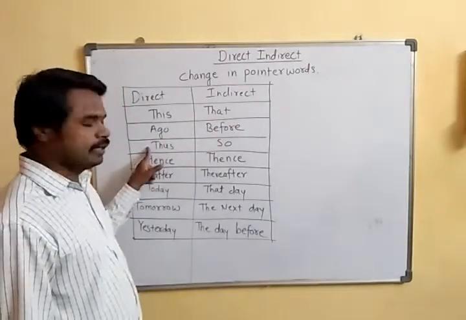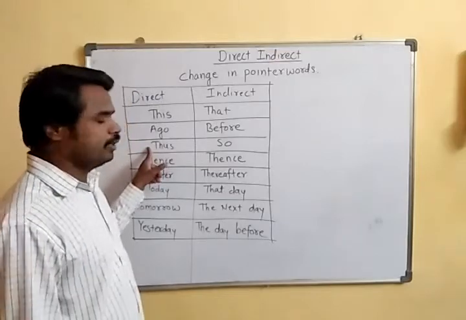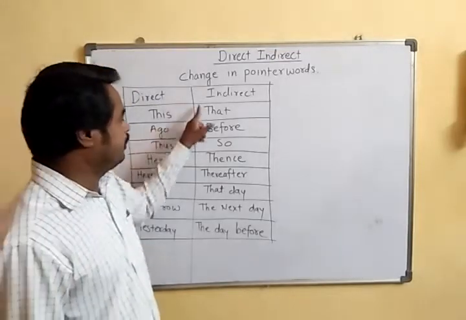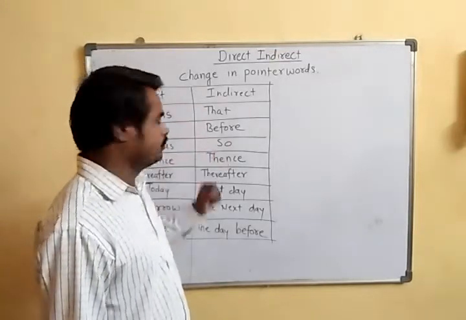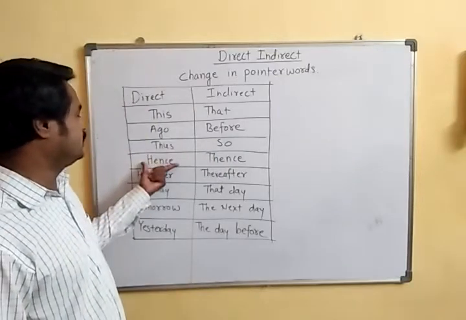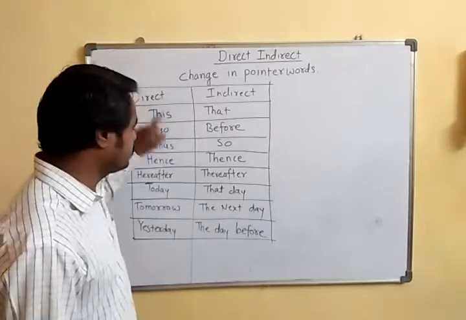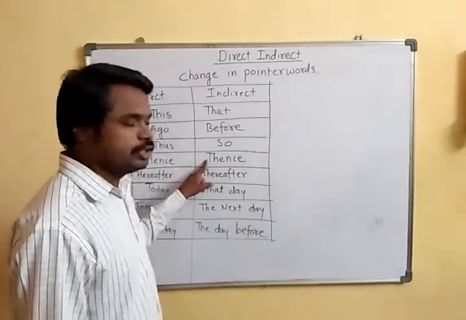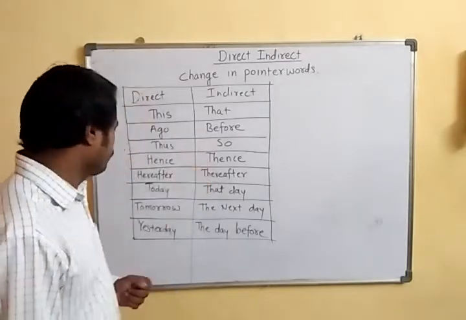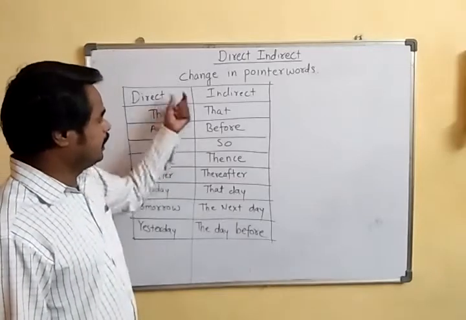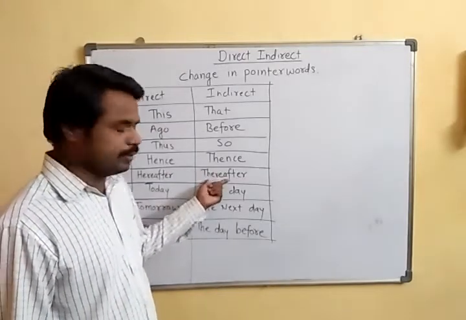If thus pointer word is there, it will become so. The next, if hence is used as a pointer word in the direct, it will be thence. If it is hereafter, it will become thereafter.